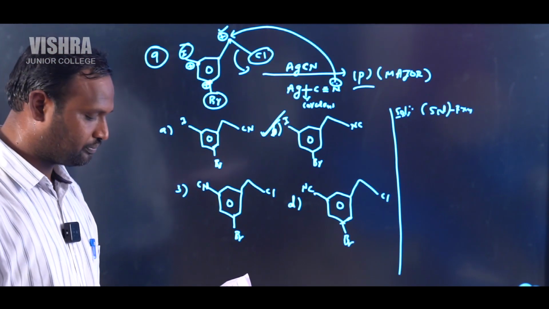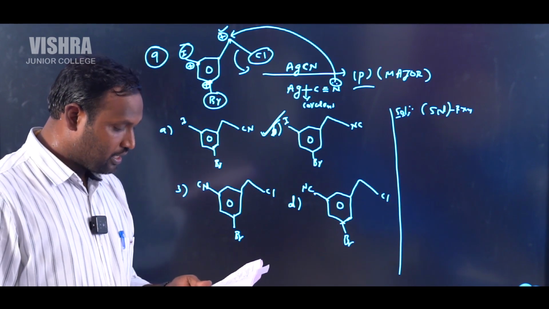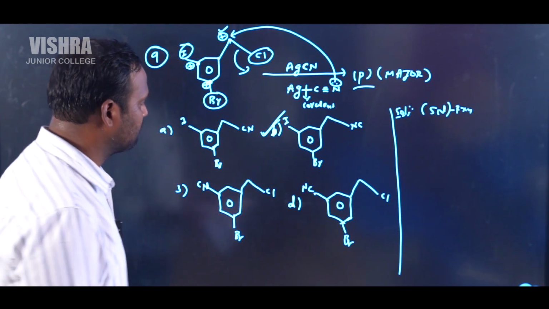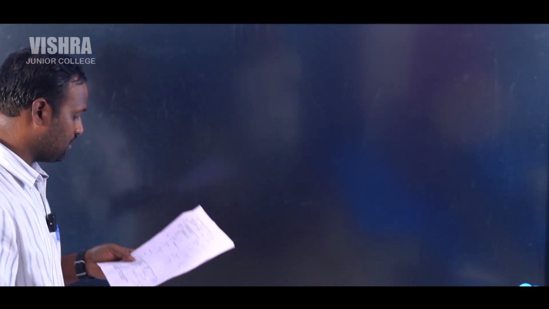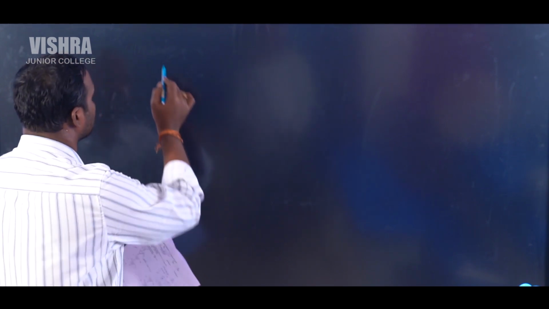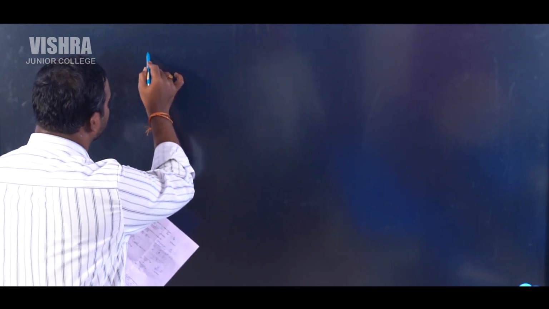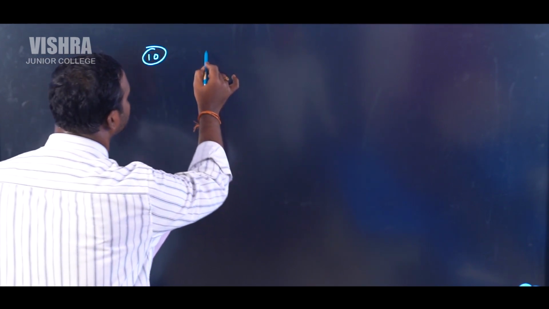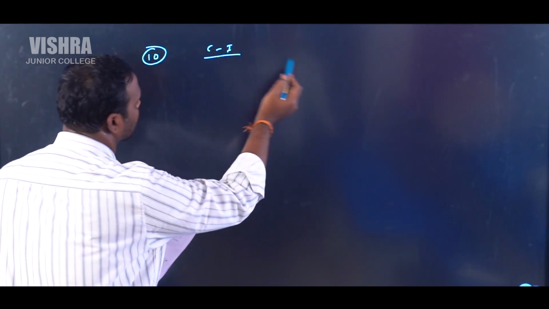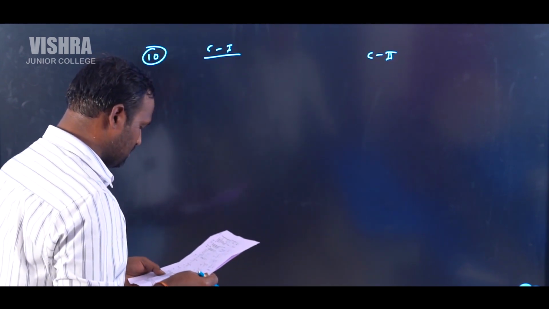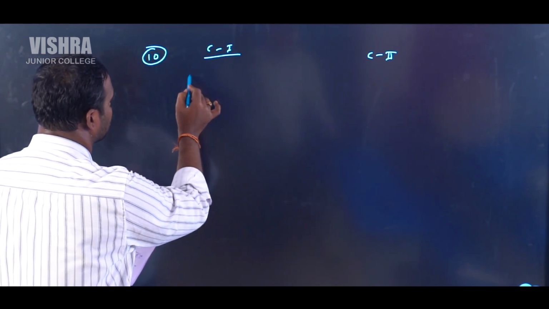Next question. In this case, he gave one matrix matching. He gave column 1 and column 2. Question number 10. Column 1 contains 4 options.